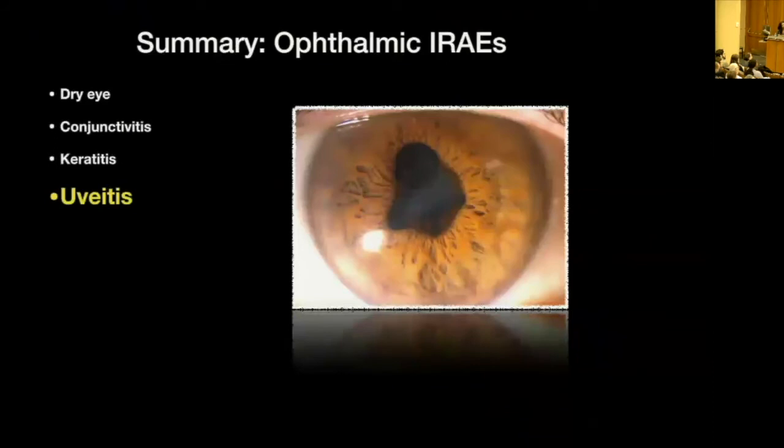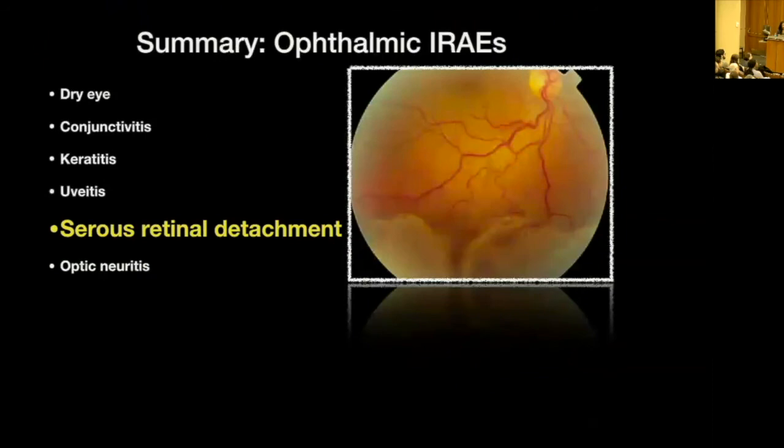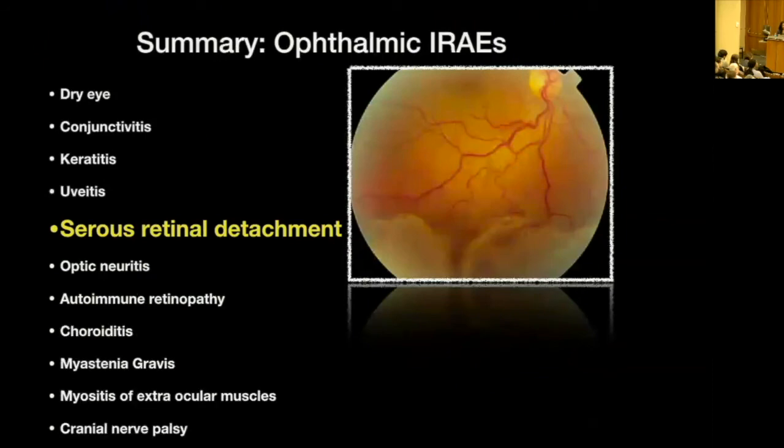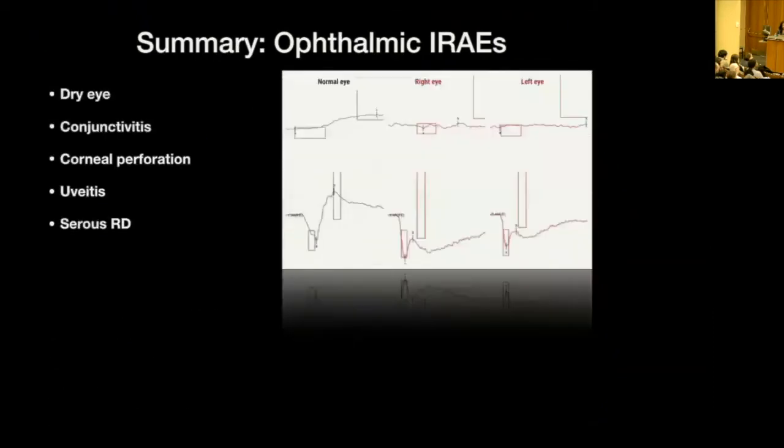Uveitis, we talked about posterior synechiae, we talked about anterior chamber cell. Serous retinal detachments, where there's fluid underneath the retina. We talked about optic neuritis or optic disc edema and severe loss of visual field function. Autoimmune retinopathy, again, these patients can have a normal eye exam, normal fundoscopic findings.